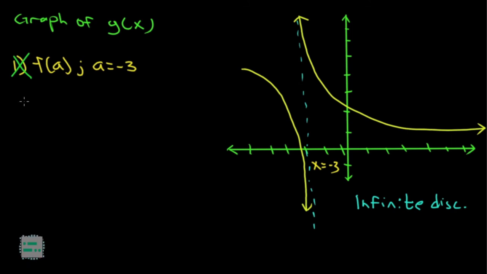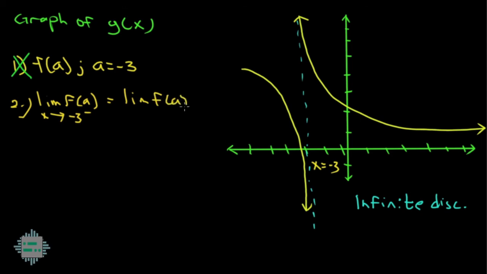How about the limits? Limit of f of x as x approaches -3. Unahin natin sa left side of -3. And then, dapat equal yun sa isa pang one-sided limit natin mula naman sa kanan, as x approaches the right side of -3.